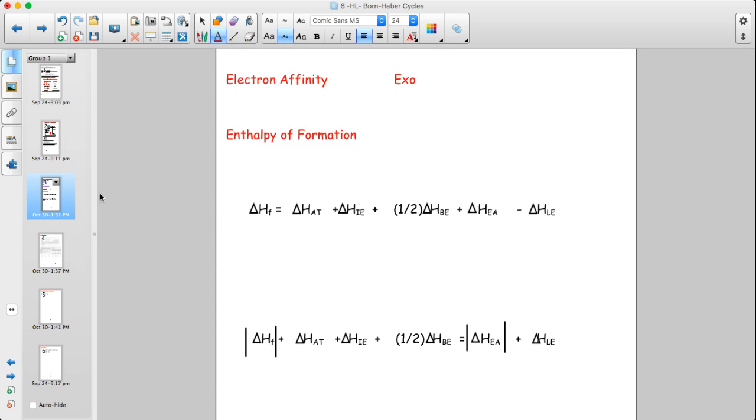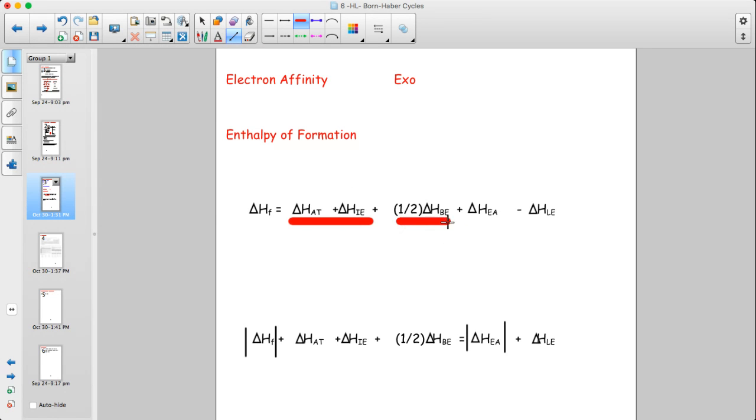If you look back at the Born-Haber cycle, this equation sets it all equal to the standard enthalpy of formation. You can either do the formation in one step, or you can form it broken down into steps here. You can form the gaseous positive ions by doing atomization and ionization energy.